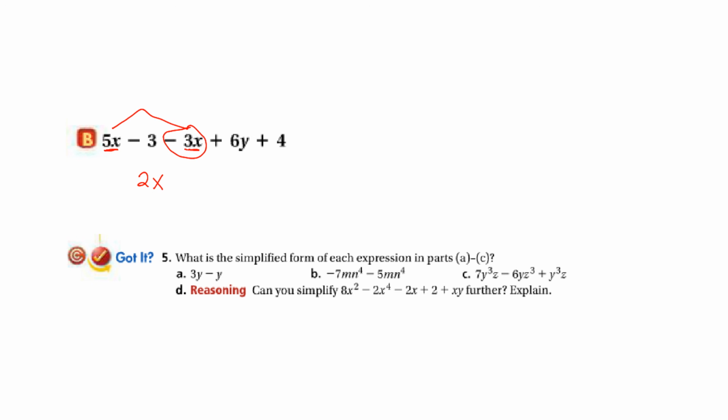Then I have the 6y term, which has nothing to combine it with. And then I have my negative 3 plus 4. Negative 3 plus 4 would be 1. So that solution would be 2x plus 6y plus 1. I would like for you now to try the Got It problems 5A, B, C, and D.